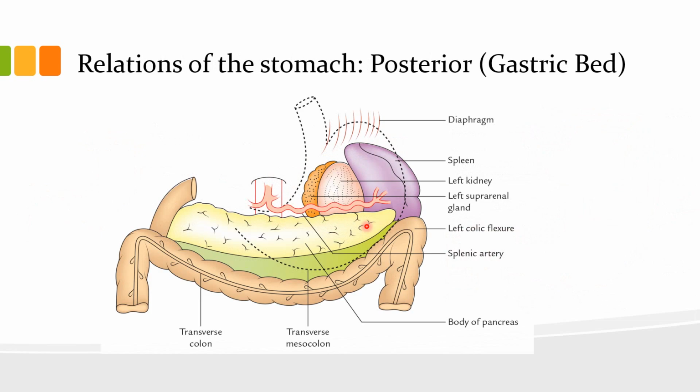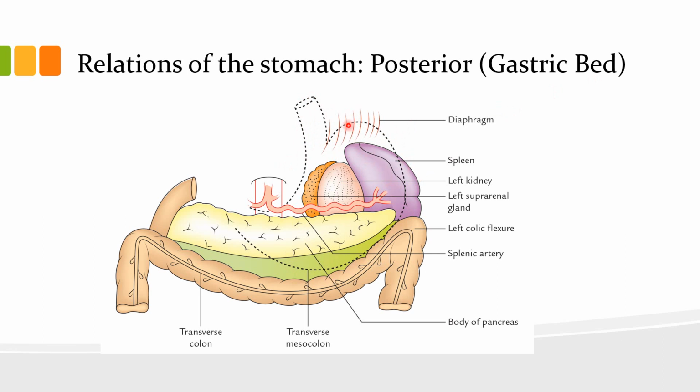The posterior relation of the stomach is an important relation. All the structures that lie behind the stomach are known as the gastric bed. Now we can see the outline of the stomach and all the structures that lie behind it. Taking them in order, just by looking at this picture we will know these structures even if they are not in the book.